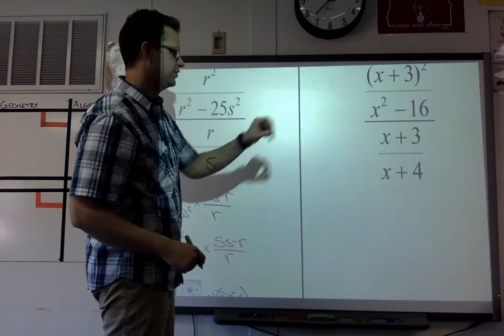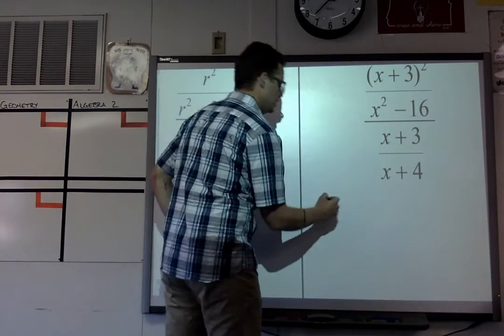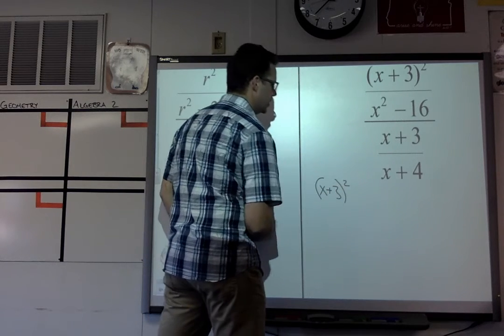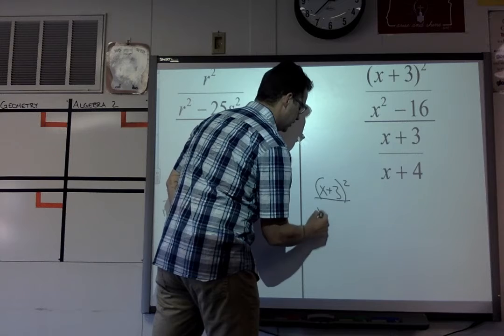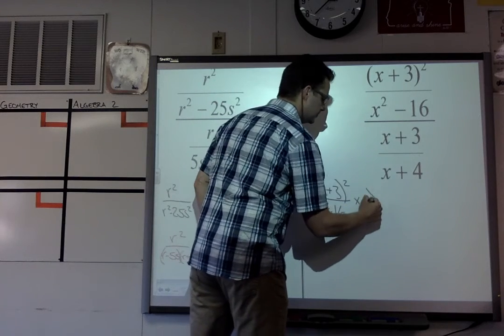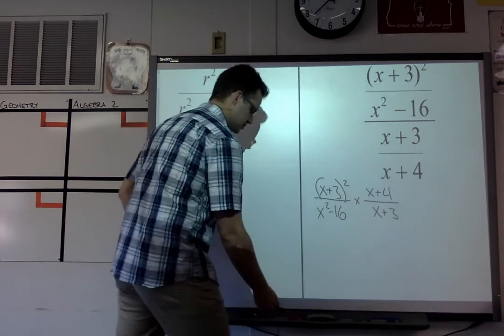So again, the first thing we want to do is rewrite this as a multiplication problem. So we have (x plus 3) squared over (x squared minus 16) times (x plus 4) over (x plus 3).